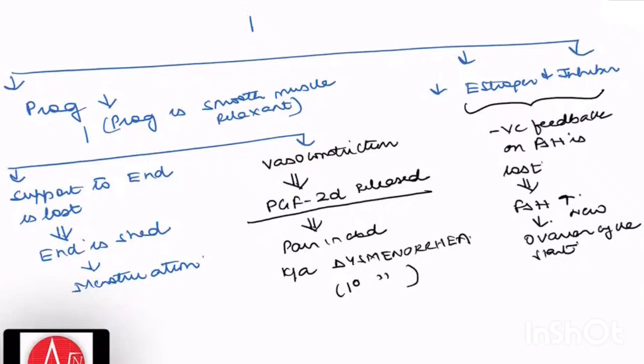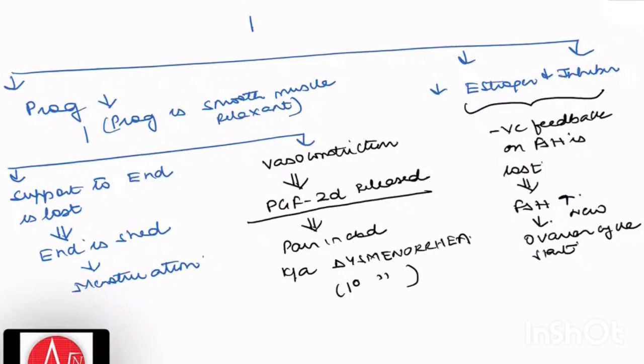And because of this LH surge again, क्या होगा? इस LH surge की वजह से फिर से ovulation होगा. And जब ovulation होगा तो again primary oocyte convert हो जाएगा secondary oocyte में and follicle convert हो जाएगा corpus luteum में. Right?